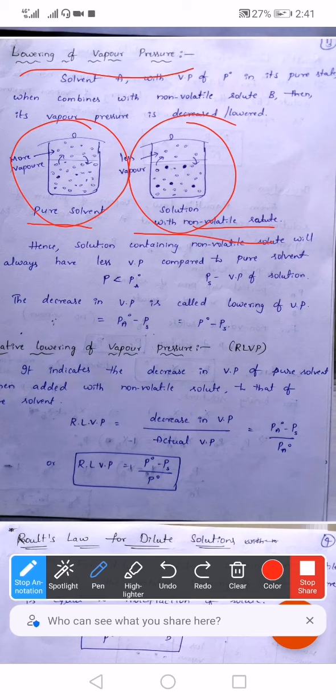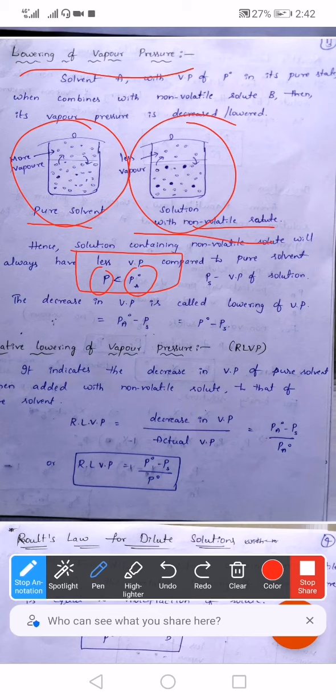The term itself describes the lowering of vapor pressure. So what is lowering of vapor pressure? Lowering of vapor pressure is the decrease in vapor pressure of a solution compared to pure solvent when it is added with non-volatile solute. So if we denote Ps as the vapor pressure of the solution containing non-volatile solute and P naught as the vapor pressure of pure solvent, then it is very clear that Ps is less than P naught.